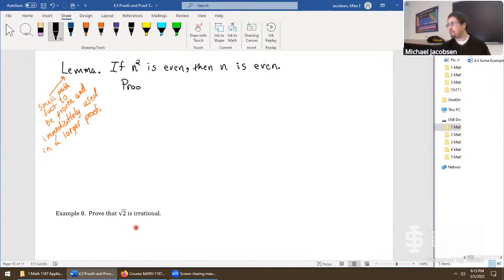So let's go, proof. This looks like it's just going to be a direct proof for us. We're going to assume the hypothesis, show the conclusion must follow immediately. So let's say, assume that n squared is even.